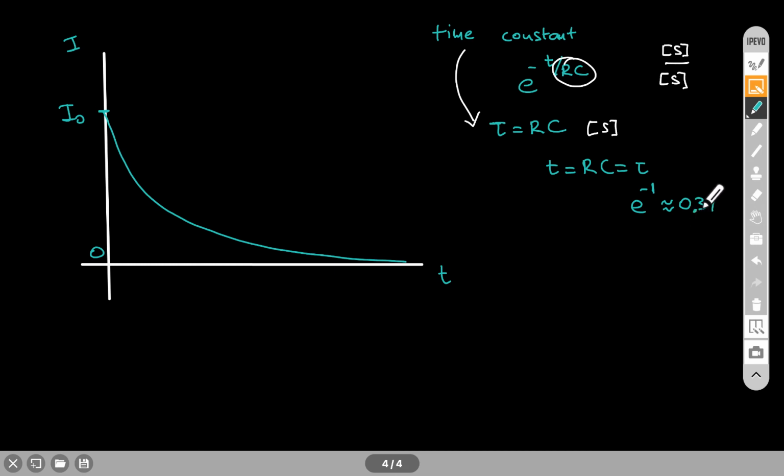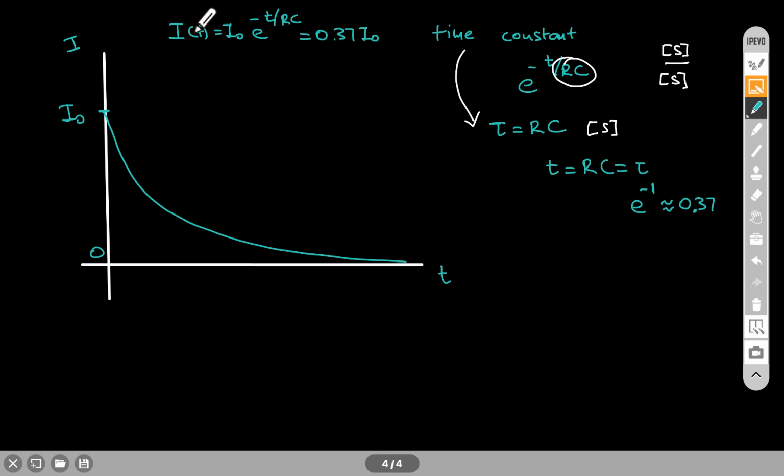Now, this 0.37 means the following. If this exponential is in your expression for the current, let me show you the equation. So if your equation is I naught times e to the minus t over RC, if you have e to the minus 1, then this will be simply 0.37 I naught.